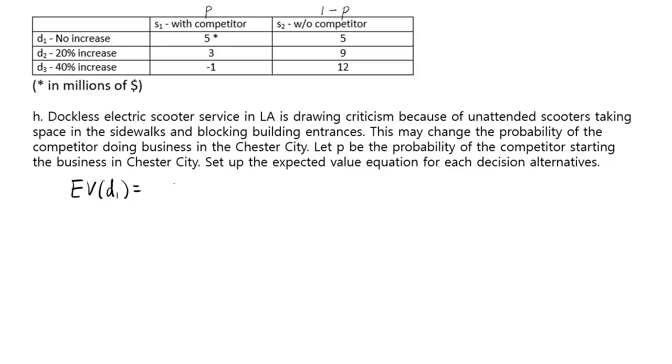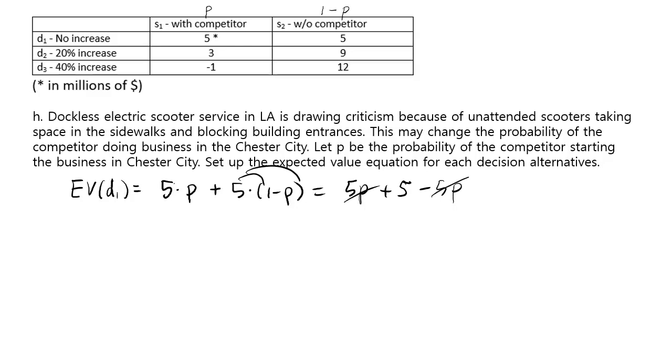So first, remember the expectation value is the sum of the outcome times the probability. So we do 5 times the probability P plus 5 times the probability 1 minus P. Multiplying, 5 times 1 is 5, 5 times negative P is negative 5P.